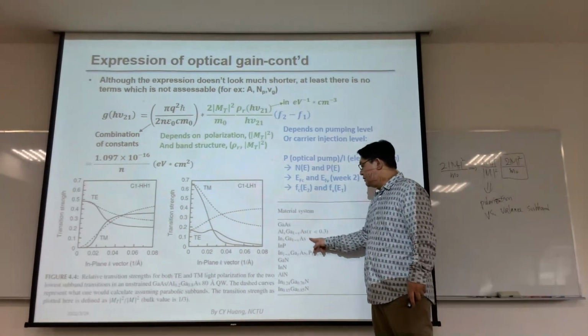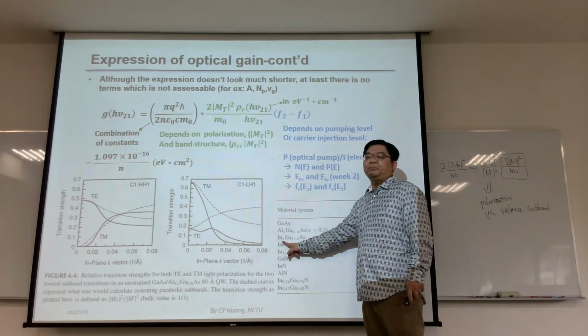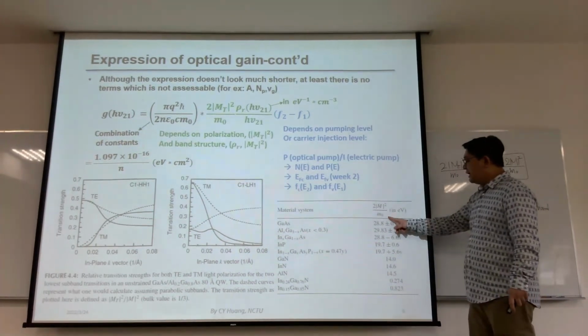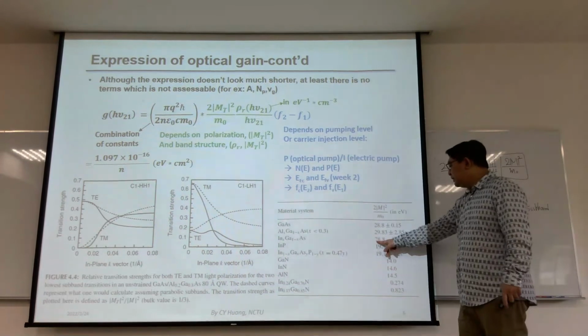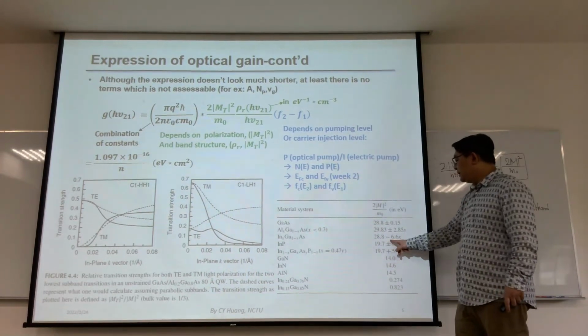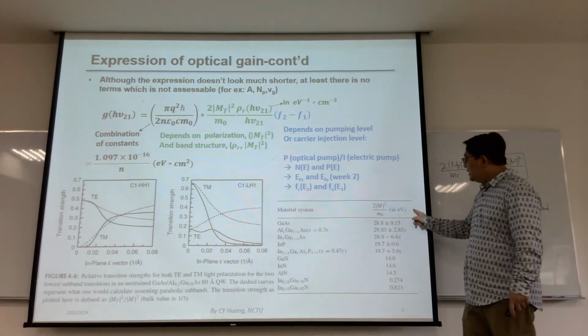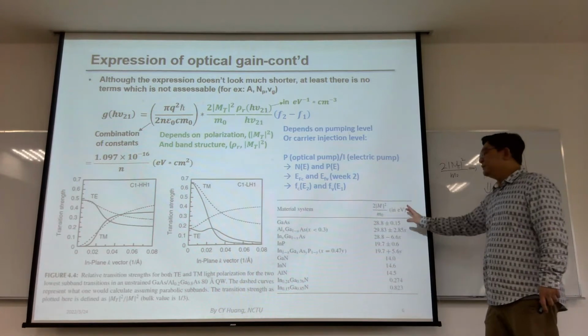InGaAs with 20% indium means x is 0.2. Then 2 m squared over m0 is 28.8 minus 6.6 times 0.2 in eV. Okay, since the units are important.